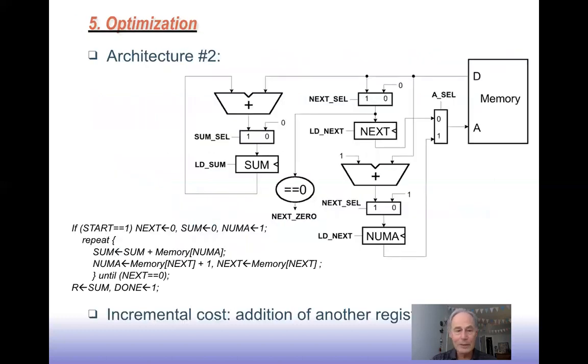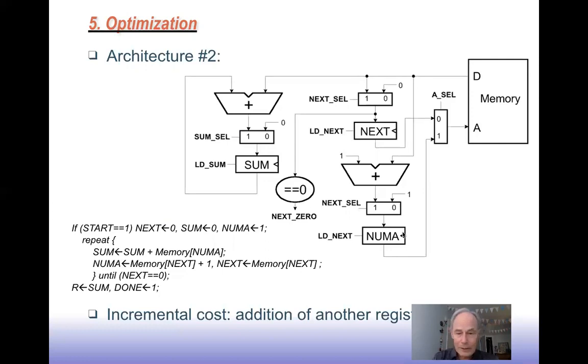So let's see what that looks like in terms of the data path. So here's our new NUMA register. The initialization is similar to what we had previously, except now we also need to initialize NUMA to 1. If next gets initialized to 0, that's a pointer to the first node in memory, then NUMA should point to the address 1. That's the location where the first X value will be stored.